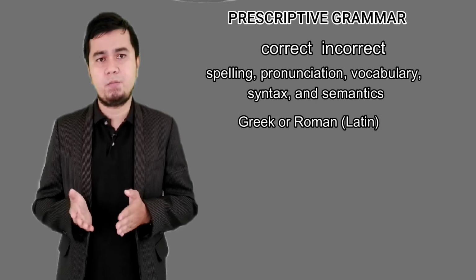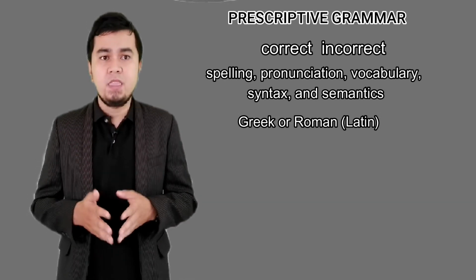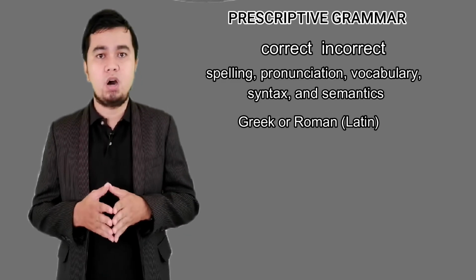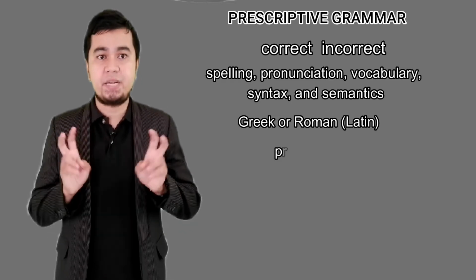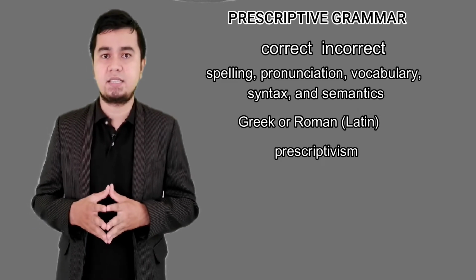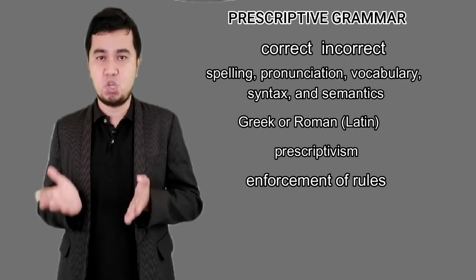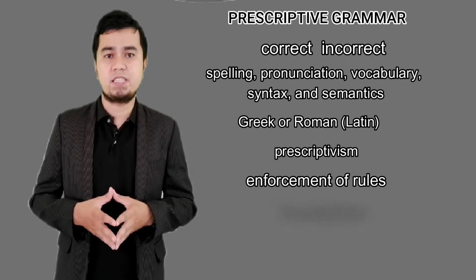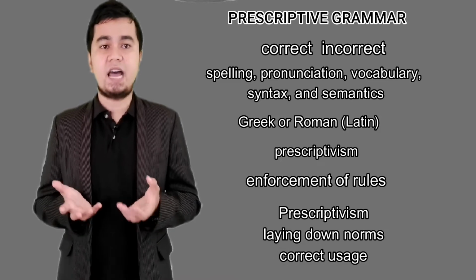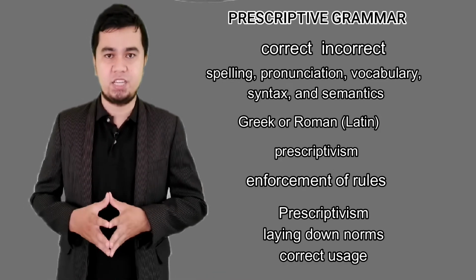In prescriptive grammar, there is just one way to say a thing. Okay? Just remember that prescriptive grammar is based on a mode of reasoning known as prescriptivism. This is an approach that says rules on how language should be used must be enforced. Prescriptivists are people who practice laying down norms for language use and are concerned with correct usage.